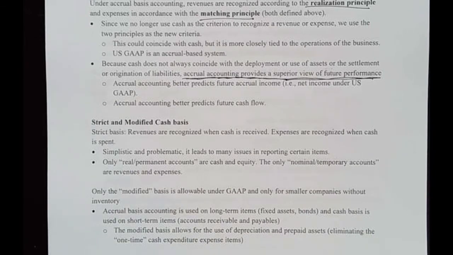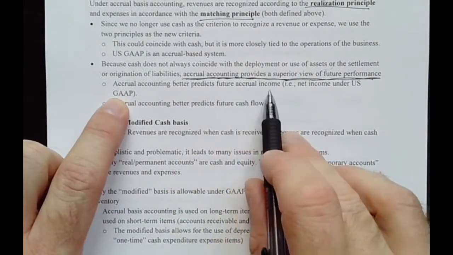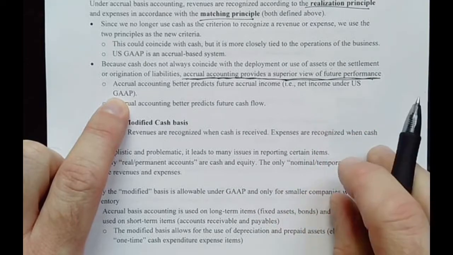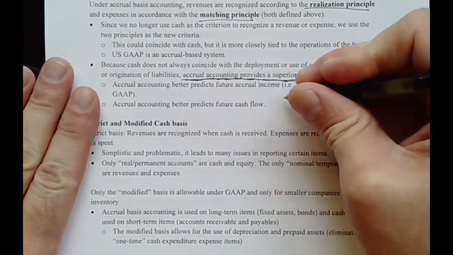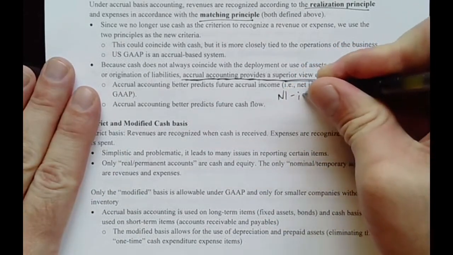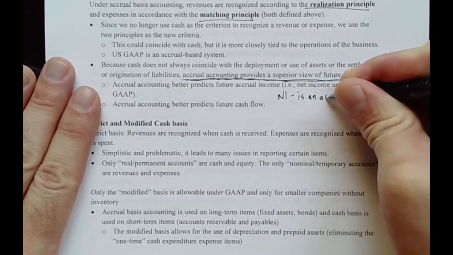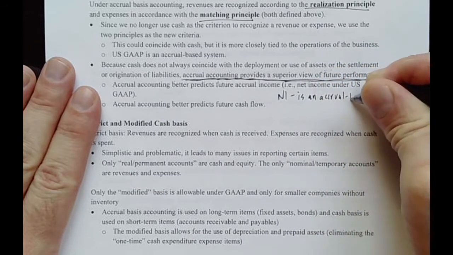We want our information not only to tell the story of what happened during a period, but to be useful in future predictions and mapping out what the future of the company might look like, to extrapolate beyond the present time. Accrual accounting better predicts future accrual income, net income. So a couple things to consider here. Net income is an accrual-based number.